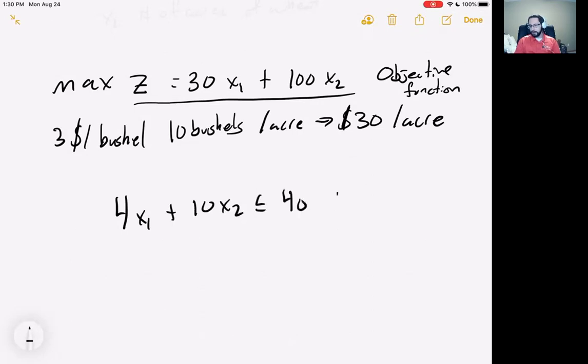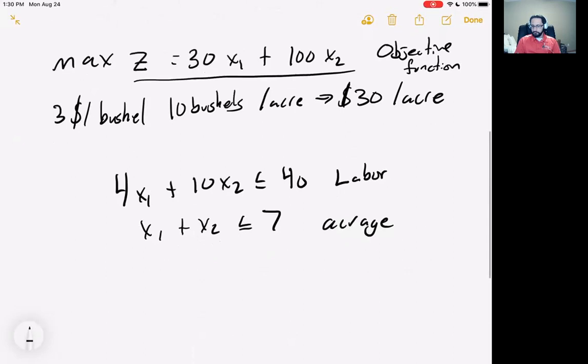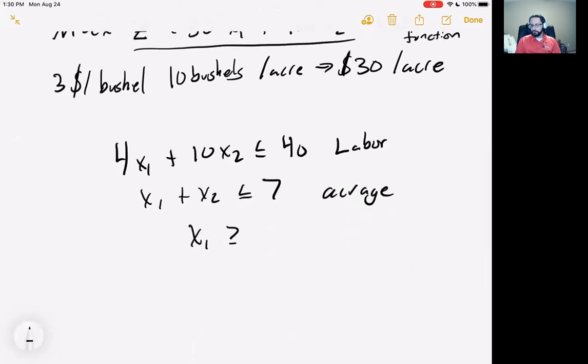This is the labor restriction. x1 plus x2 less than or equal to 7. This is an acreage restriction. x1 bigger than or equal to 3. This is the government restriction that they placed on the amount of corn that was being produced.